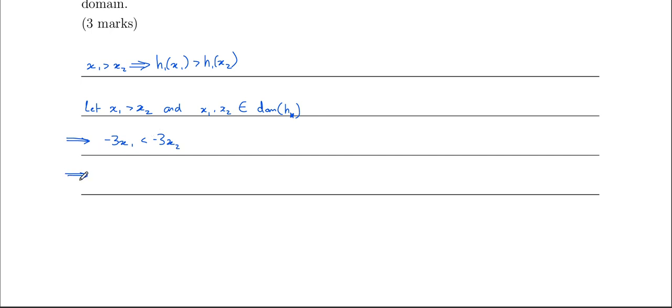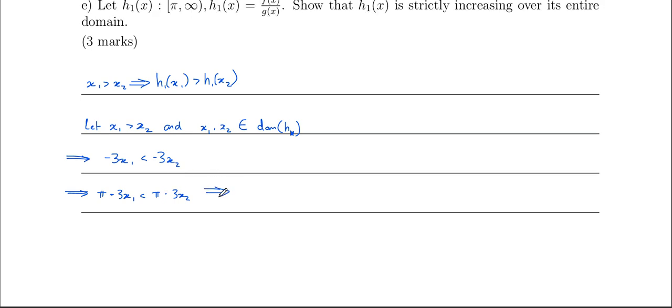And then we can add pi to both sides. And then from here, we can flip the fraction. So 1 over pi minus 3x1, then 1 over pi minus 3x2. And the sign also flips.